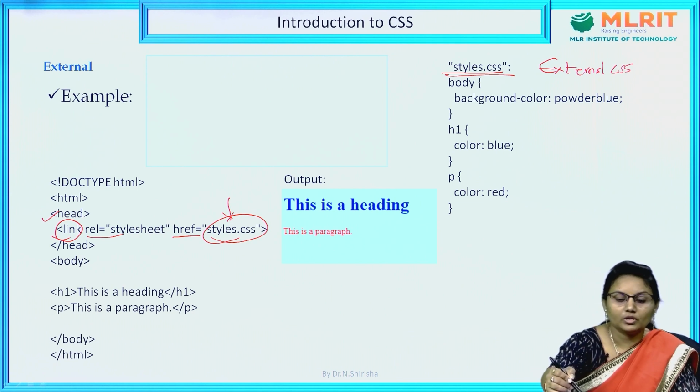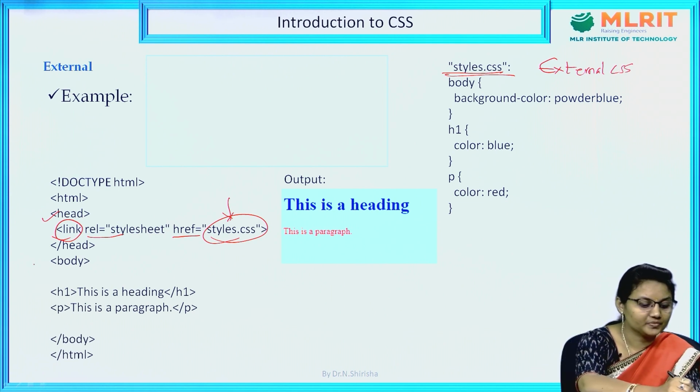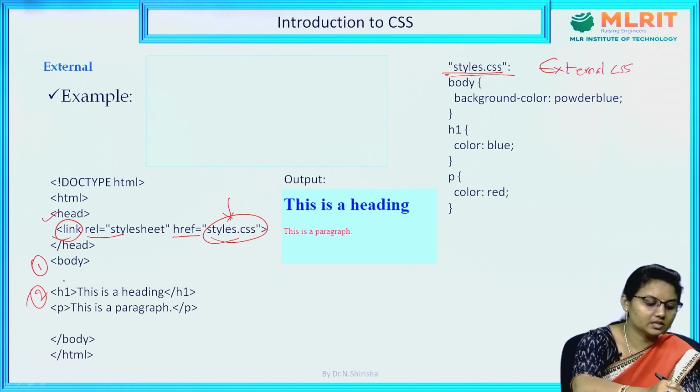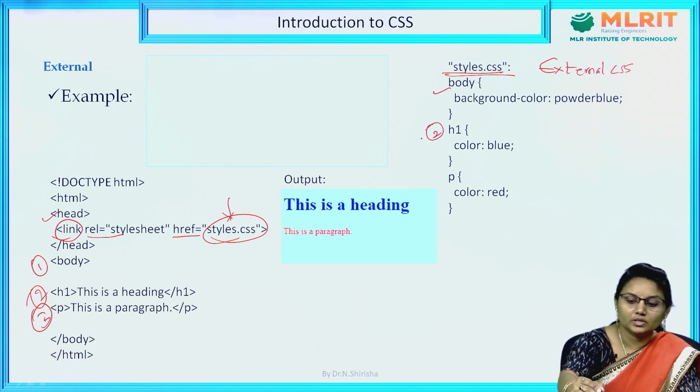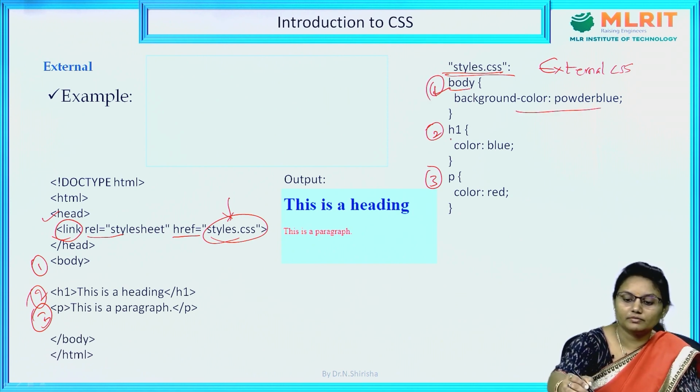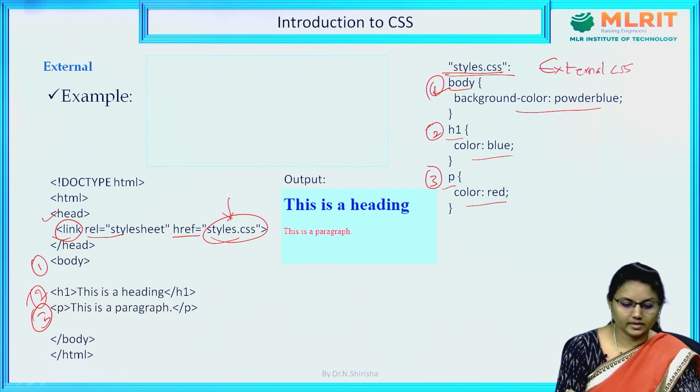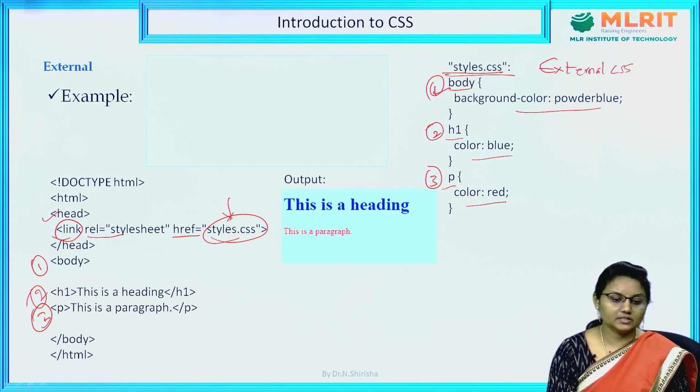Here we are giving styling for body, H1 and paragraph. For body we have given a background color, for H1 we have given blue, for P we have given the color red. So the same if we execute.